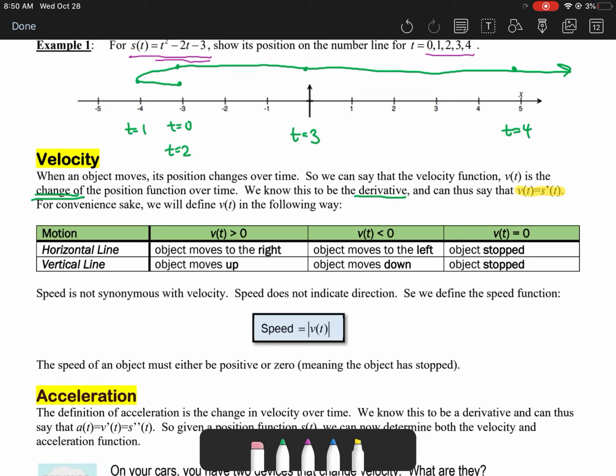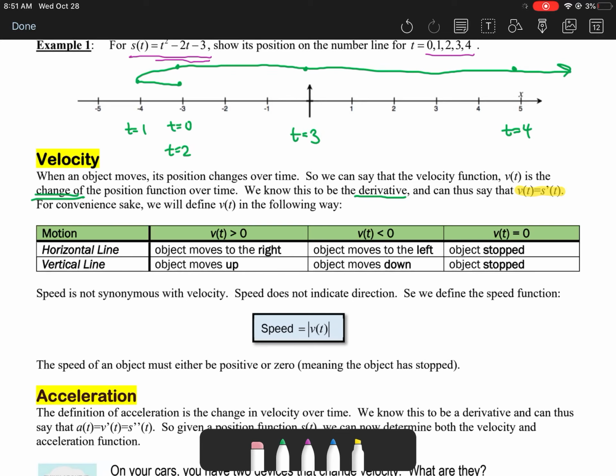If your velocity is positive, so if you get a positive number when you plug it into that derivative of your position, that means that the object is either moving to the right or it's moving up. If your velocity is a negative value, that tells us the object is either moving left or down. And if your velocity is 0, that means the object has completely stopped.